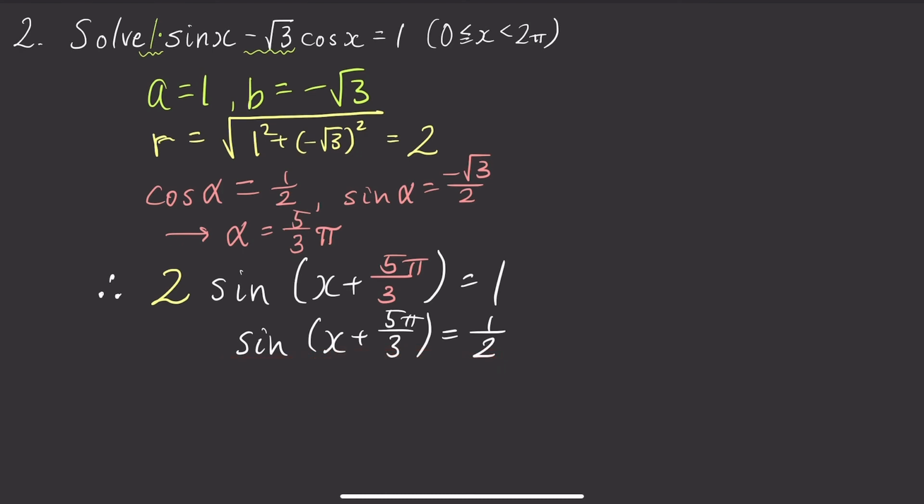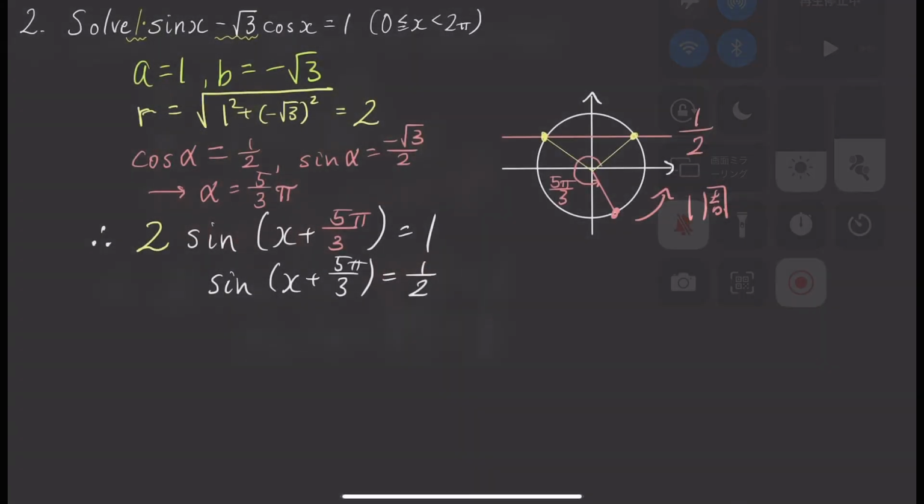Now this is much easier to solve. Let's use the unit circle. So we're looking for an angle x such that sine of x plus 5 pi over 3 is equal to 1/2. So we start at 5 pi over 3, and x goes from 0 to 2 pi.